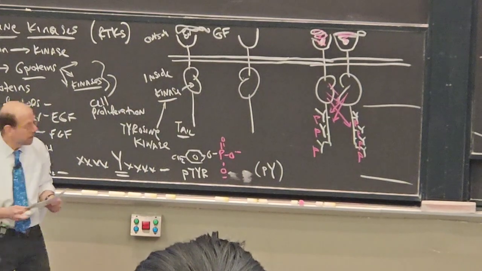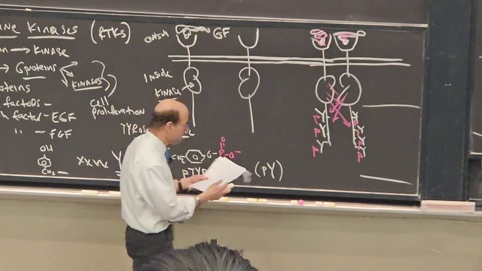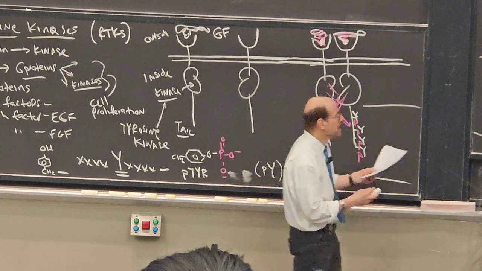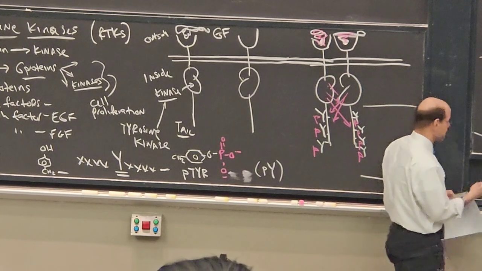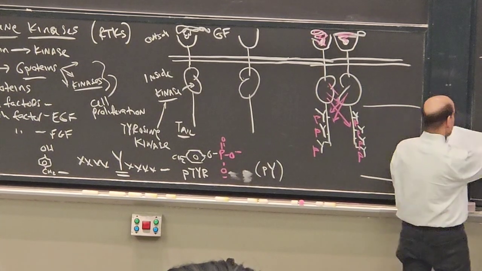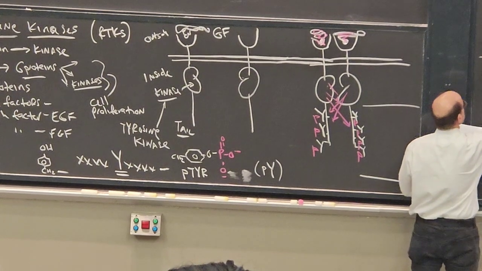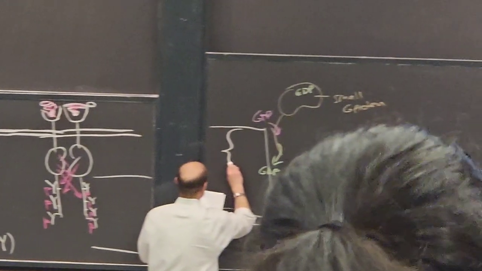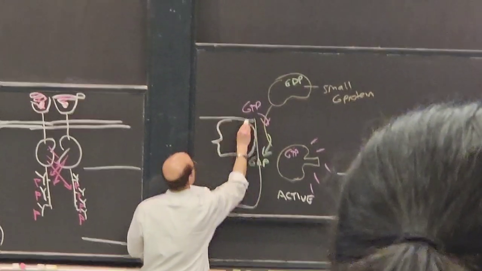So it turns out I need to couple this, as you can imagine, to some kind of a GTP exchange factor. Right? And the factor that I'm going to couple this to is a GTP exchange molecule called SOS, S-O-S.